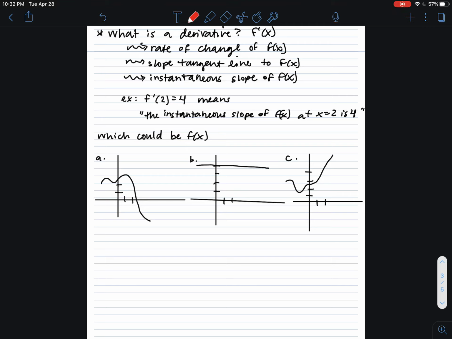So we know that this guy is not it. All right, if we look at this guy, here at 2, our line is flat, and even though our f of x is equal to 4 here, the slope of f of x is 0 right here. And so 0 is not 4, so we know that this can't be it.